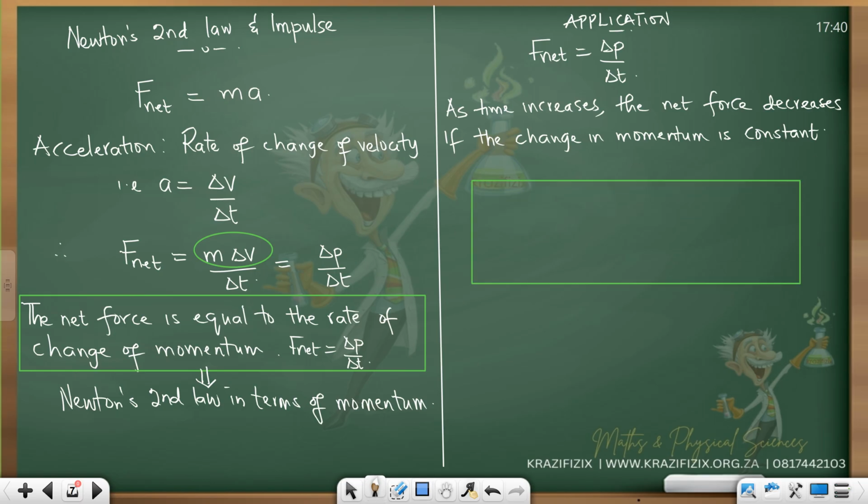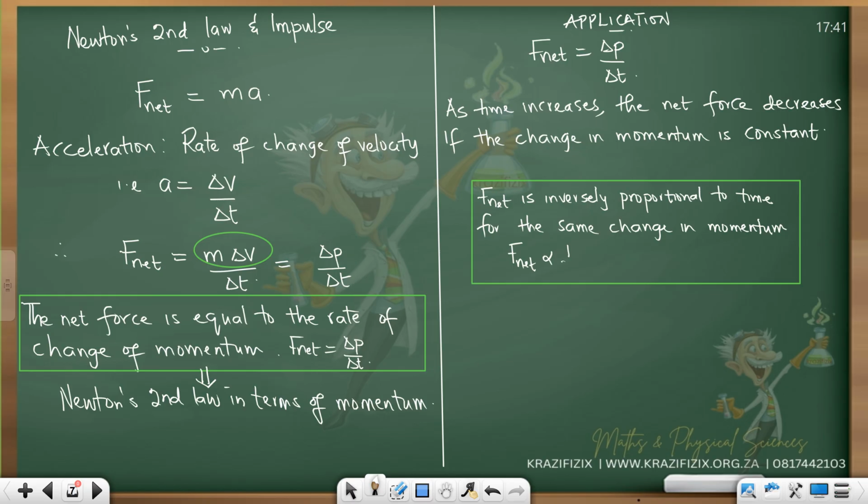And this is what we are going to write. We are going to say that F net is inversely proportional to time for the same change in momentum. That's very important. For the same change in momentum is very, very important.